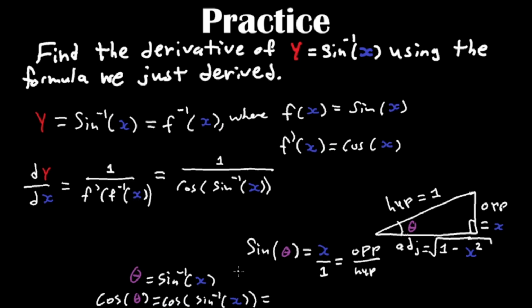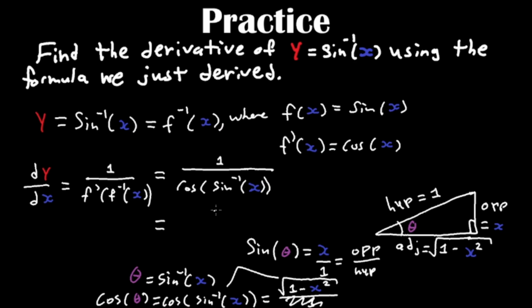But we also know that cosine of theta is adjacent over hypotenuse, so the square root of 1 minus x squared over 1. That 1 doesn't matter. Because cosine theta is adjacent over hypotenuse, but it's also equal to this, we can say that these two things are equal. So we know that cosine of sine inverse of x is the square root of 1 minus x squared.